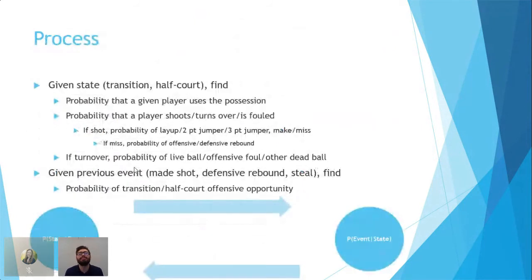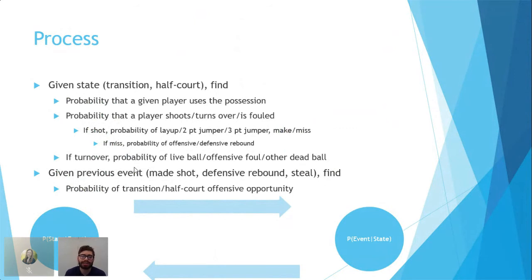And so the process basically went like this. You could call it a stochastic process where I looked at the probabilities of an event happening given a certain state of the game, and then the resulting state of the game based off of the previous event.